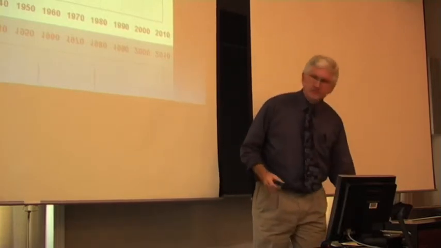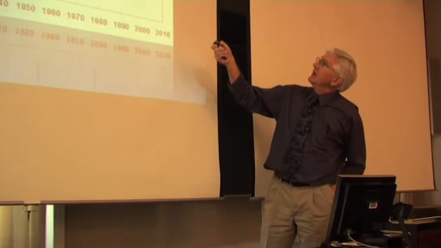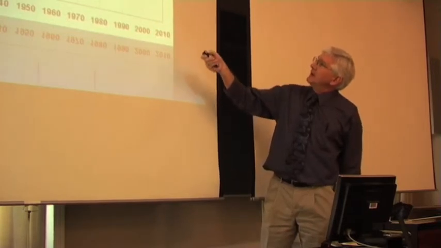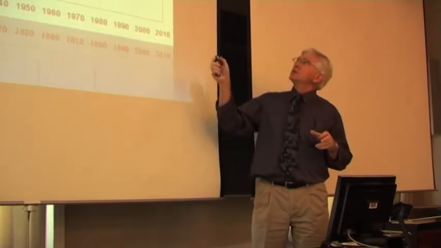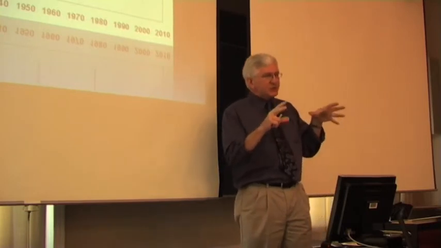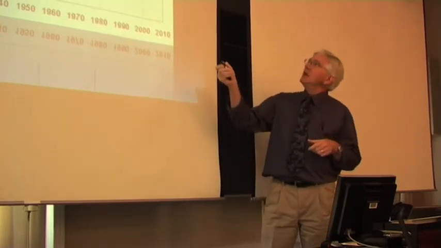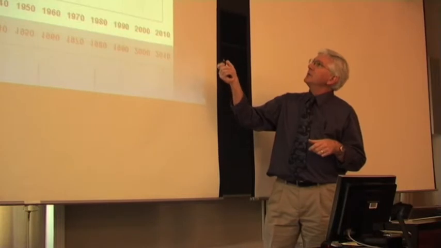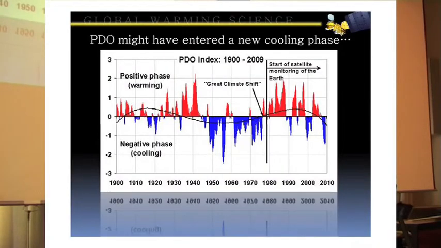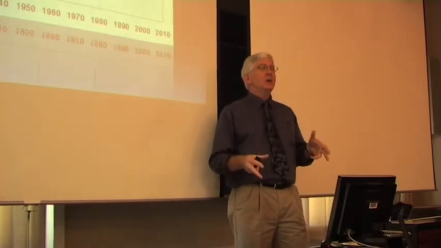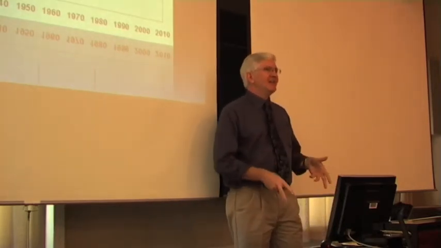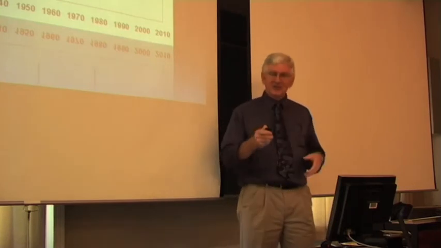And what's interesting is that all of our satellite data where we've tried to see what the average climate state is, all of our satellite data have been during the positive phase of the PDO, which probably means during our satellite era, we have a biased view of what average climate looks like.